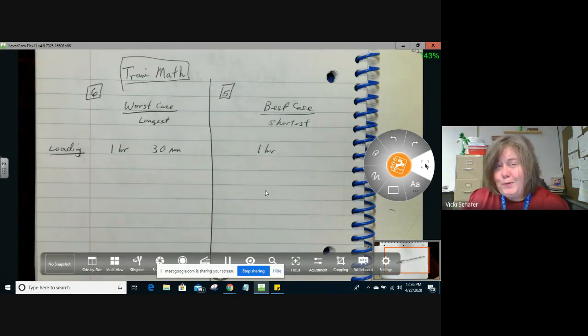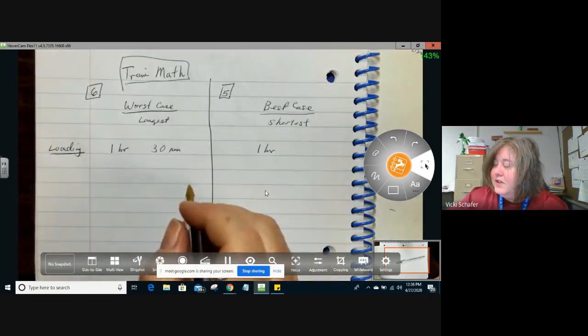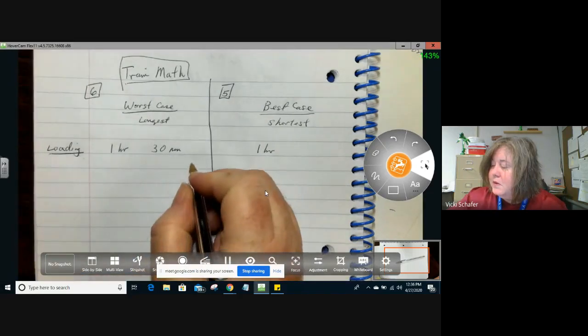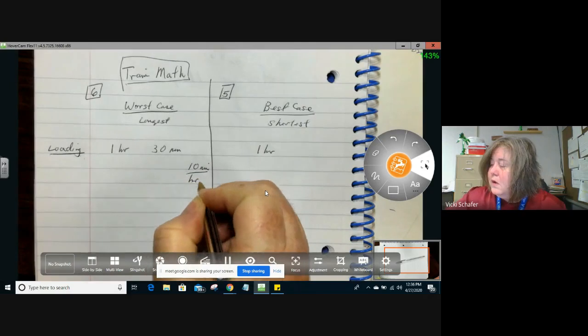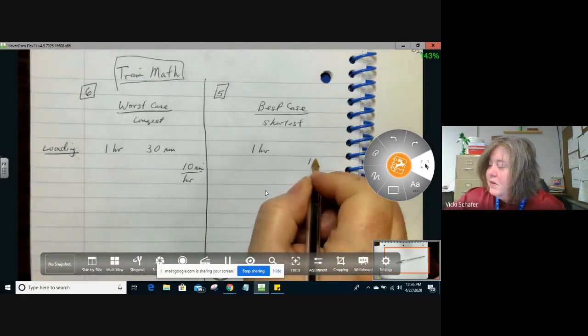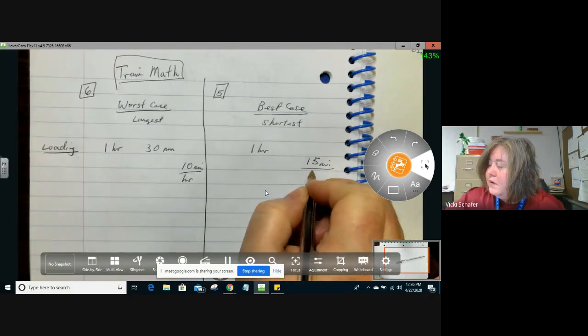It's sort of like if you're going to Wichita, you probably drive around 60 to 70 miles an hour. Obviously, 70, you're going a lot faster, more miles per every hour. 60, 10 less out. So in our problem, our worst case is that we're going 10 miles per hour. Our best case is that we are going 15 miles per hour.